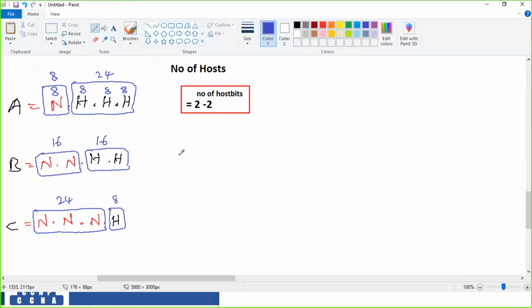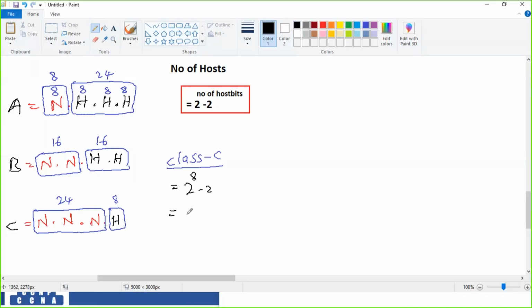Let us start with class C. 2 power number of host bits. In class C, the number of host bits is 8, so 2 power 8 minus 2.